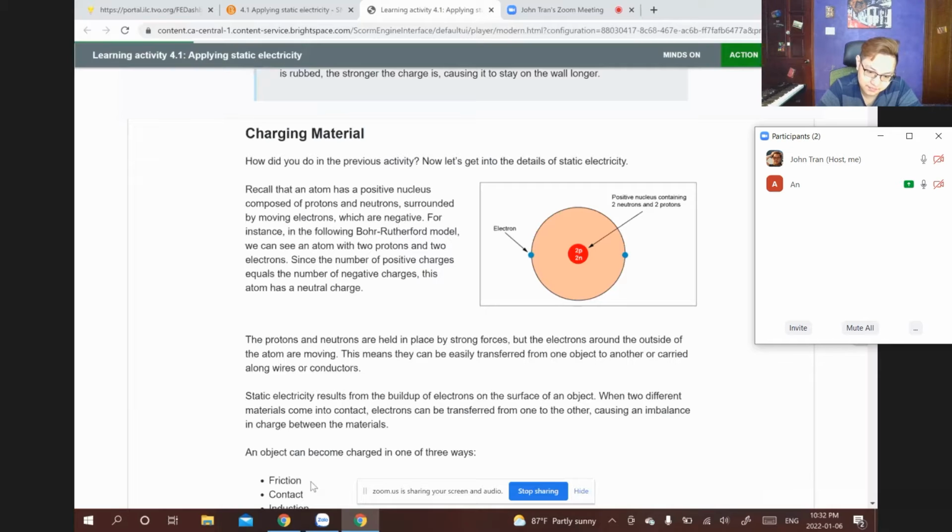For instance, in the following Rutherford model, we can see an atom with two protons and two electrons. Since the number of positive charges equals the number of negative charges, this atom has a neutral charge.